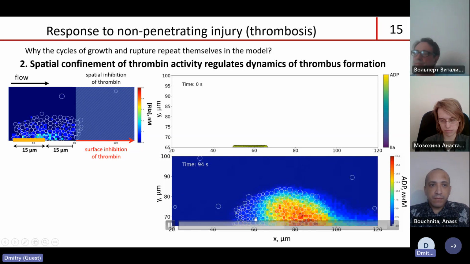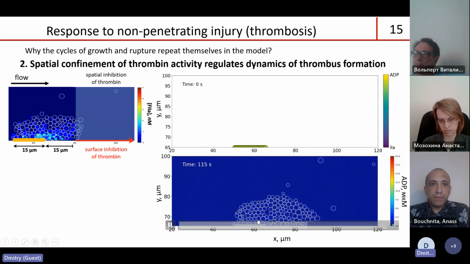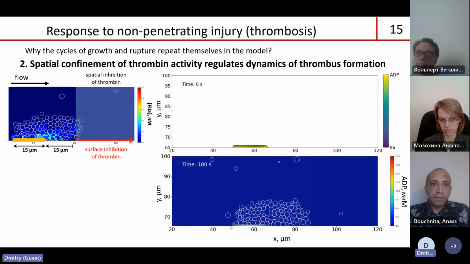But the number of granules inside each platelet is limited, around 5 to 10. That means that after all these granules are secreted in the region where thrombin activity is high, the secretion process overall will drop, just because the granule pool is limited in this core region. We believe that this might explain why we have this disassembly of the external region. Yes, that makes sense. Thank you for the explanation.